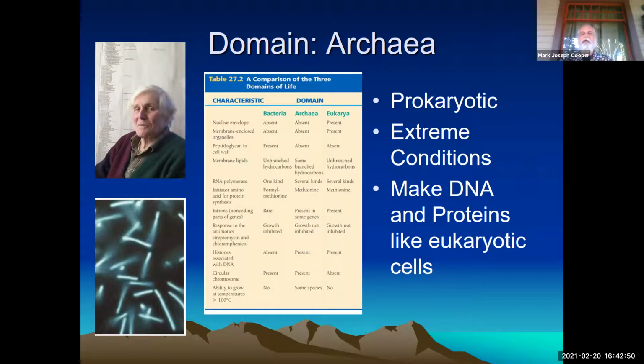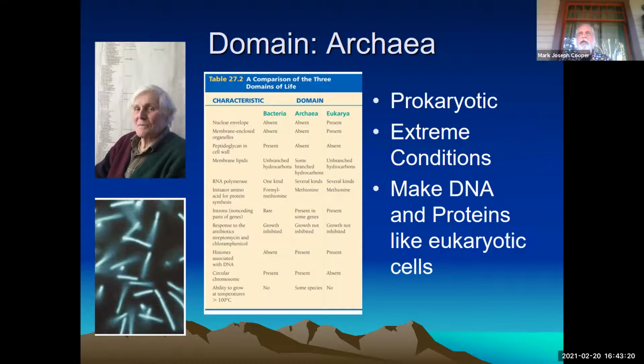The other thing is if you look down this table, and again, I don't want you to memorize the table, but the way they make their DNA and the way they make their protein, and we're going to talk about all these things this semester, like the polymerases, like introns, those kinds of things, histone proteins, all of those are very similar to eukaryotes.